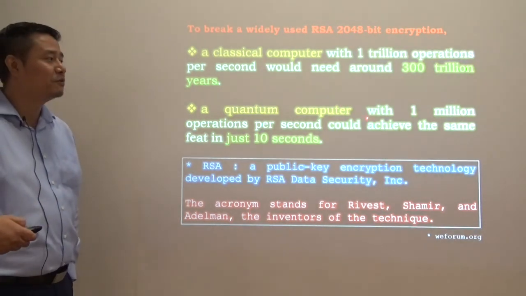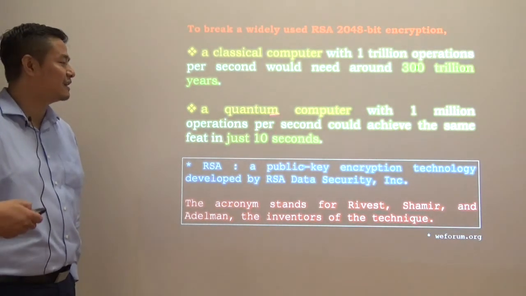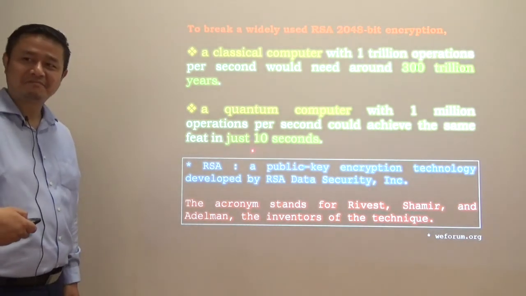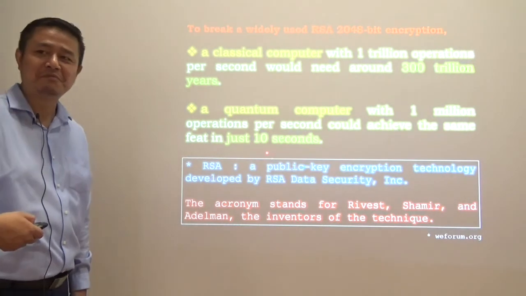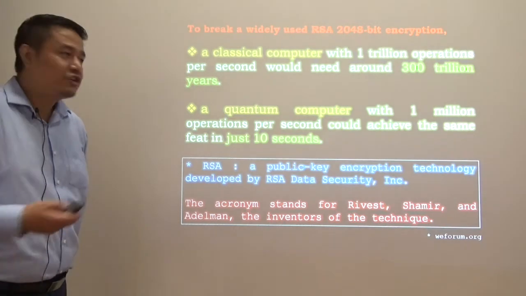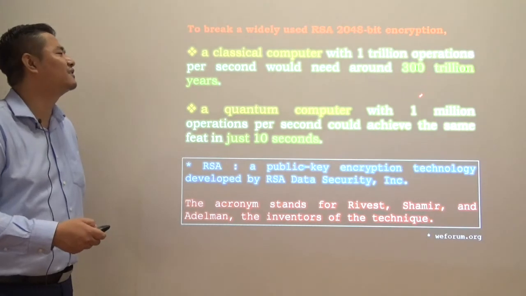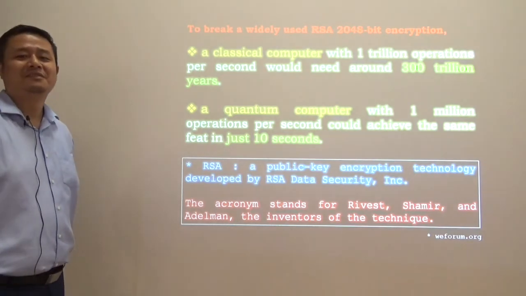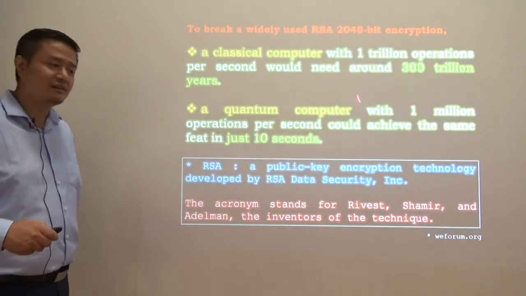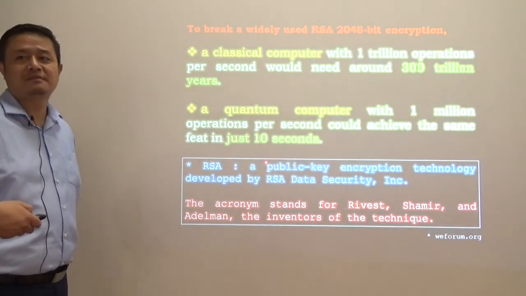However, a quantum computer with only 1 million operations per second could achieve the same feat in just 10 seconds. This is the difference between a quantum computer and a classical computer. So casually we can say this is an impossible task. 300 trillion years, we will not live to see the result, but a quantum computer can do it, with a slower speed, but in just 10 seconds.